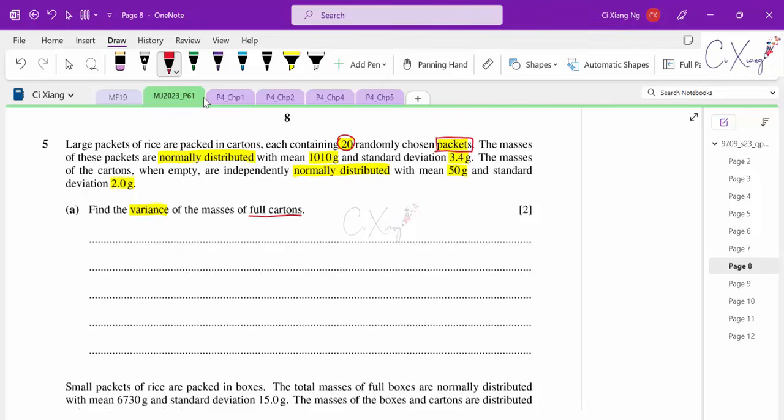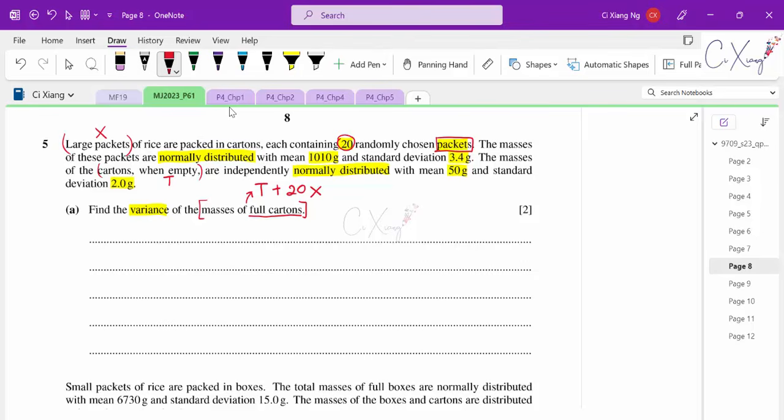basically it's like this. Let's say the large packet, I make it X. And for the empty carton, maybe I label it as E, let's say. Oh, sorry, don't use E. Maybe I use some other letter, maybe T. So to calculate the variance of the masses of a full carton, we need to calculate the mass of the empty carton plus 20 packets.